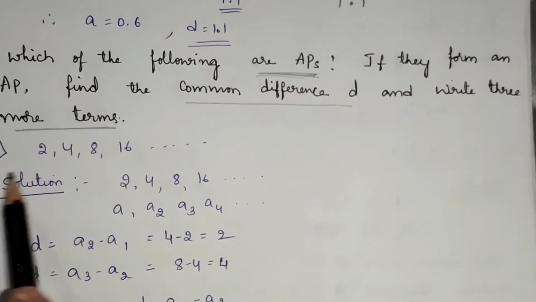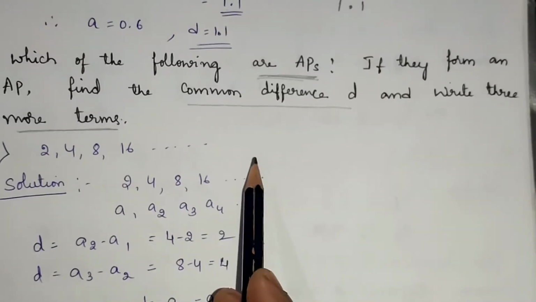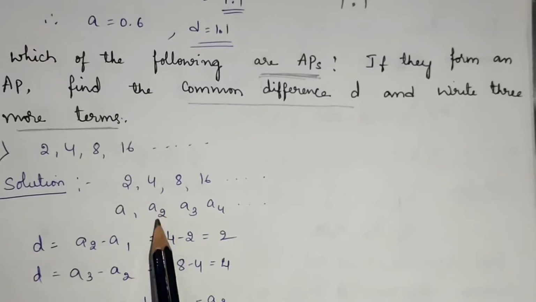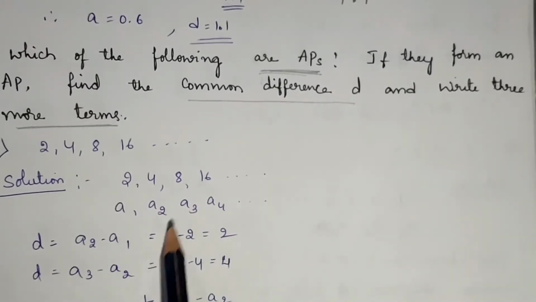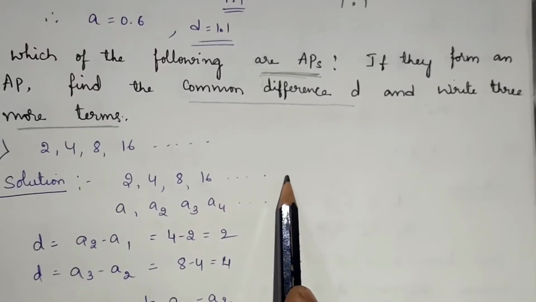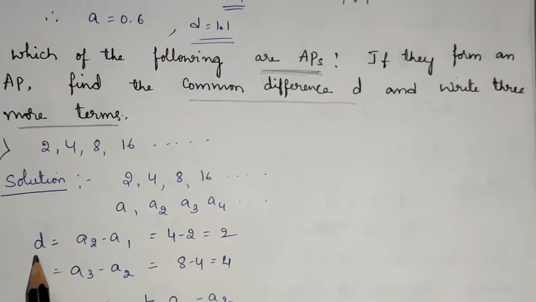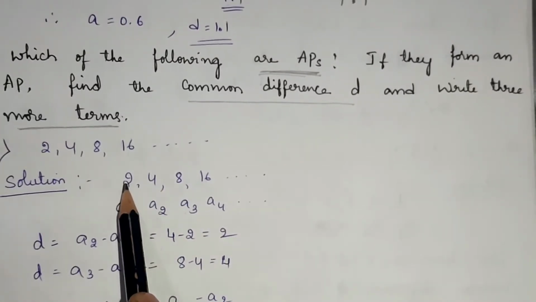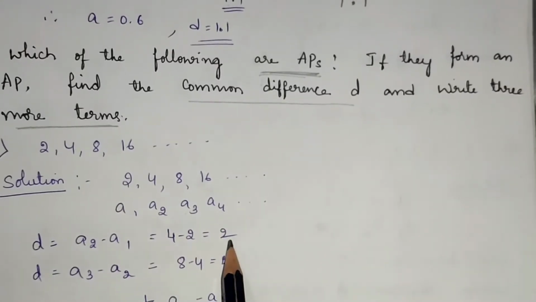The first problem is 2, 4, 8, 16, and so on. Write the pattern and name it as A1, A2, A3 and A4. Now, in order to find whether this pattern is in AP or not, it is necessary to find out the common difference. The common difference is second term minus first term, that is 4 minus 2 is 2.